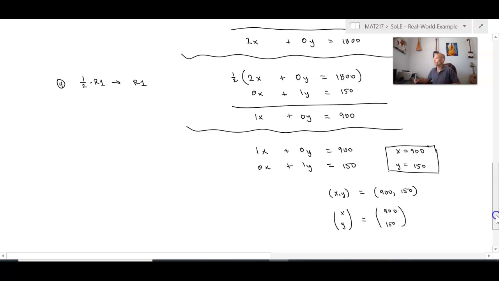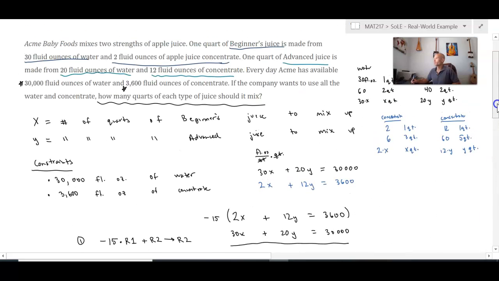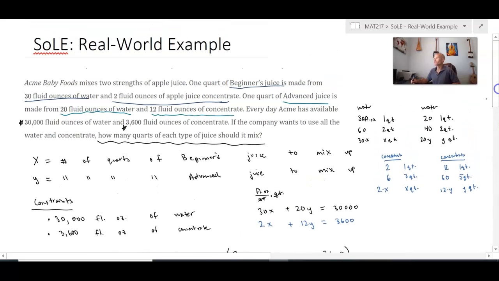We can check our work. We can just verify that 900 quarts of beginner's juice and 150 quarts of advanced juice is correct, just by checking that in our first equation here, if we take 30 times 900 plus 20 times 150, we get 30,000 on the dot.